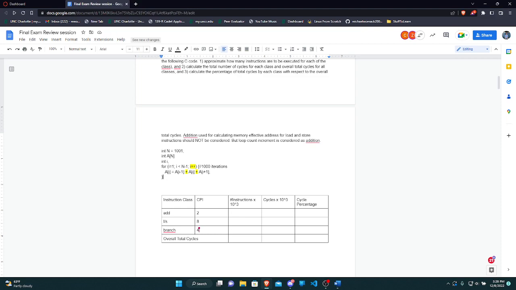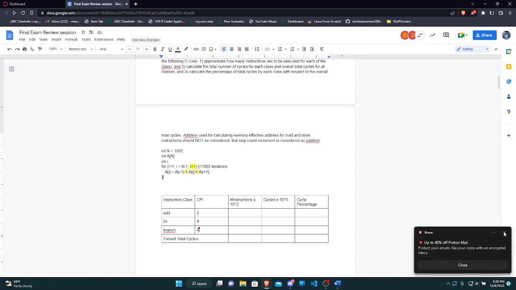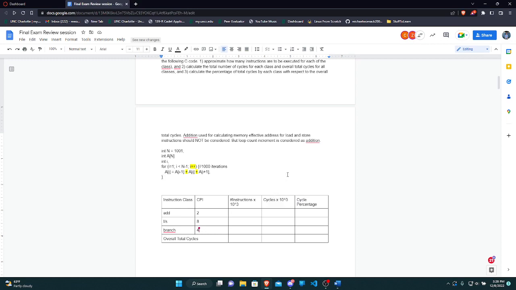Then wait, am I missing something? Addition used for calculating memory addresses. I saw that. Okay. So we have 3 adds right here.